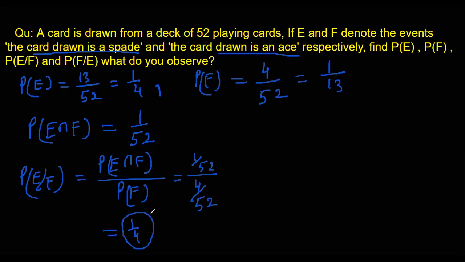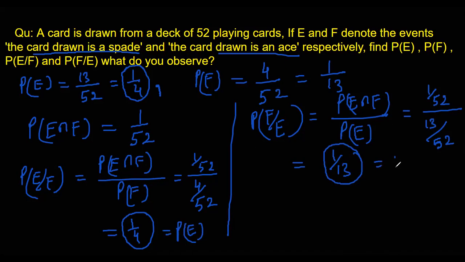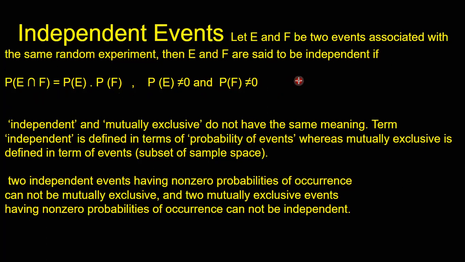Notice one thing here: P(E) was also 1 by 4 and P(E|F) is also 1 by 4. Similarly, let us see P(F|E), which by definition is P(E intersection F) divided by P(E). Events where P(E|F) is equal to P(E), or P(F|E) is equal to P(F), are called independent events.